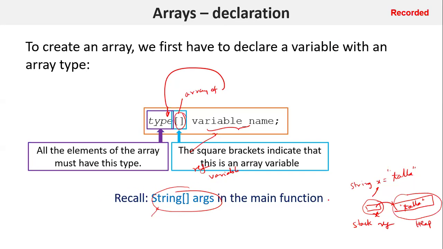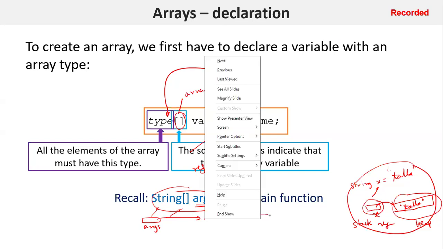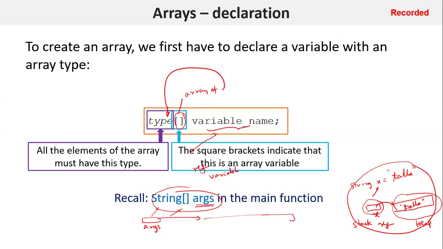But here, this is one string. Here are multiple strings. So this one is referring to multiple references. So args is a variable that is referring to multiple references.